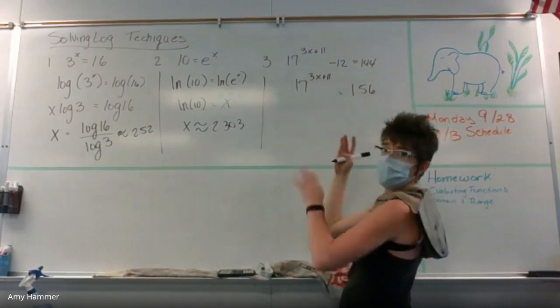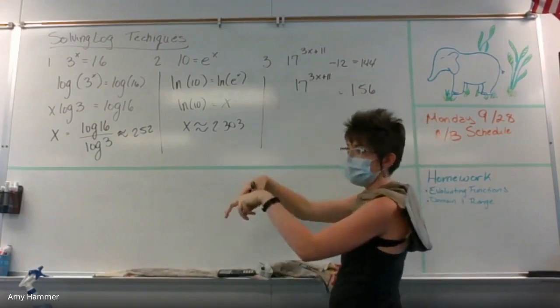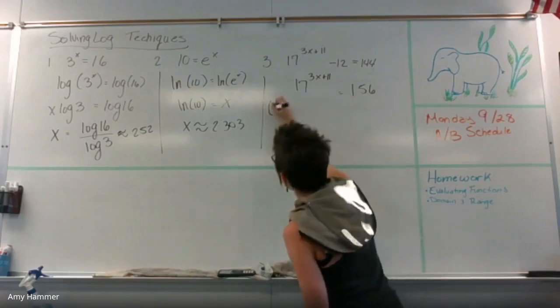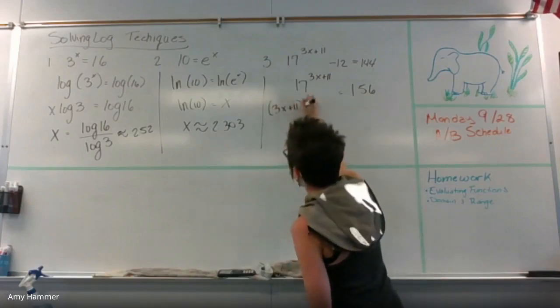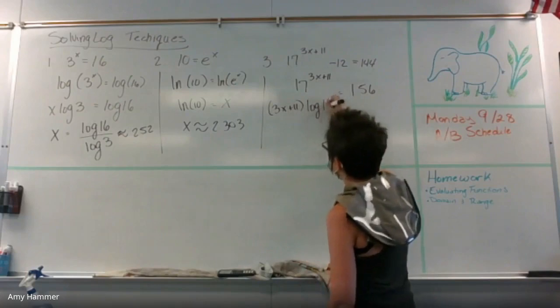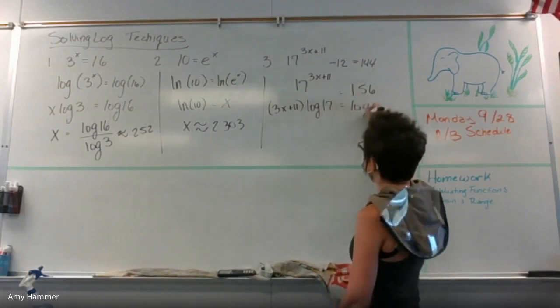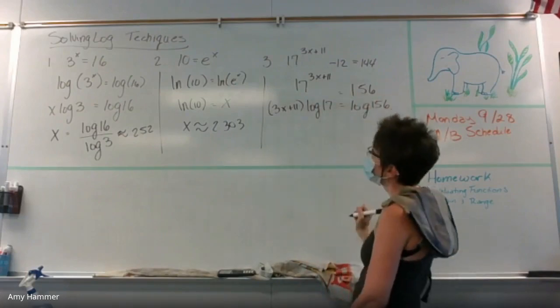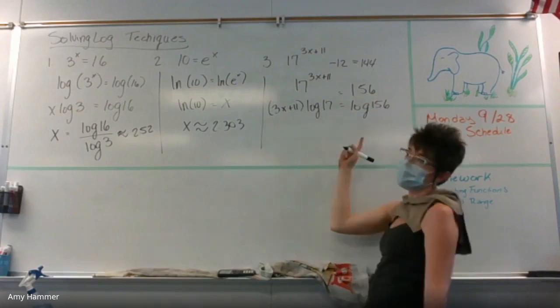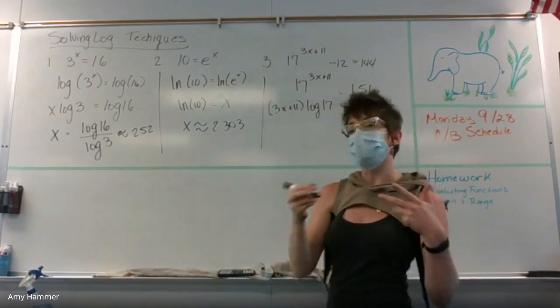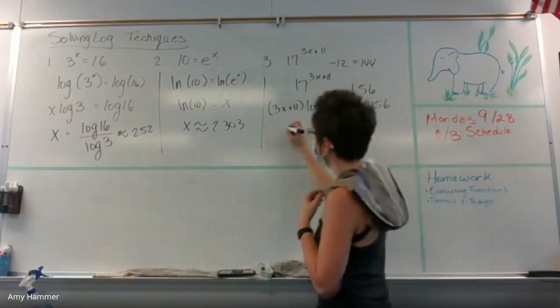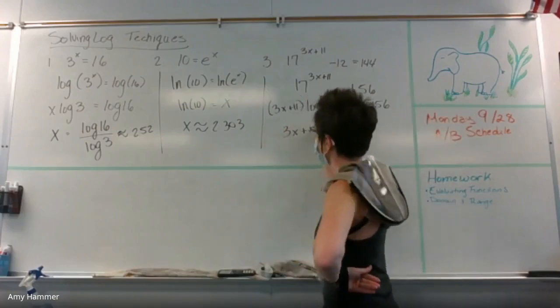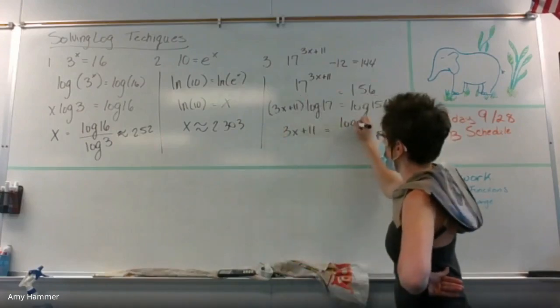Guys, do you mind if I do this a little quickly and just drop the exponent down in front already? Because I know that my 3x plus 11 is going to go there, with log of 17 here, log of 156. And then I can divide both sides by log 17 and ultimately take more steps to get x by itself. I'm kind of starting to feel like you could finish this problem on your own.